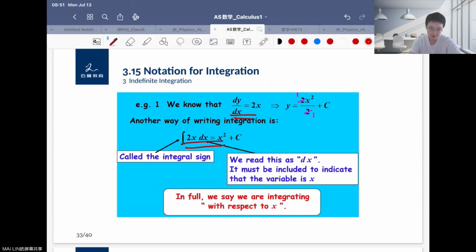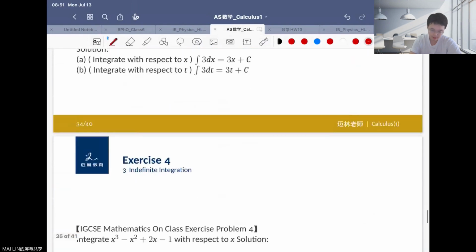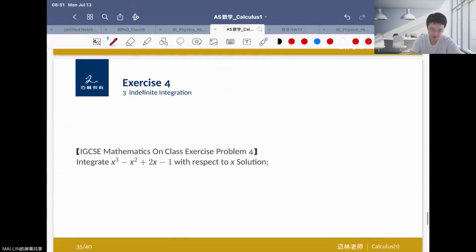Let's see some other exercises. Integrate x cubed minus x squared plus 2x minus 1 with respect to x. For this problem, first you write down the integral of x cubed minus x squared plus 2x minus 1 dx.